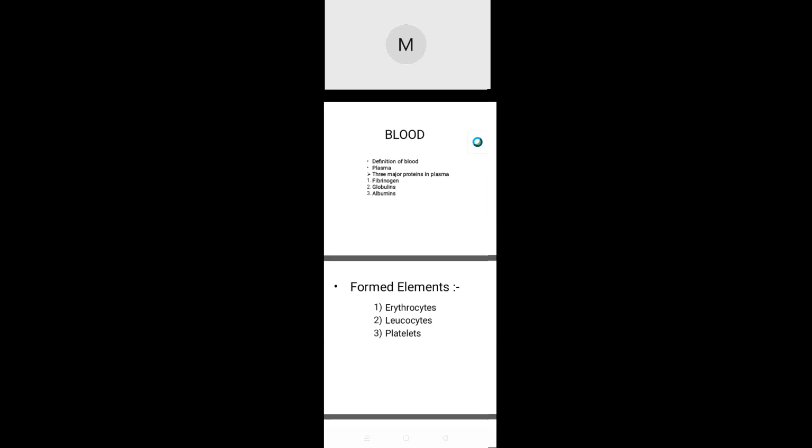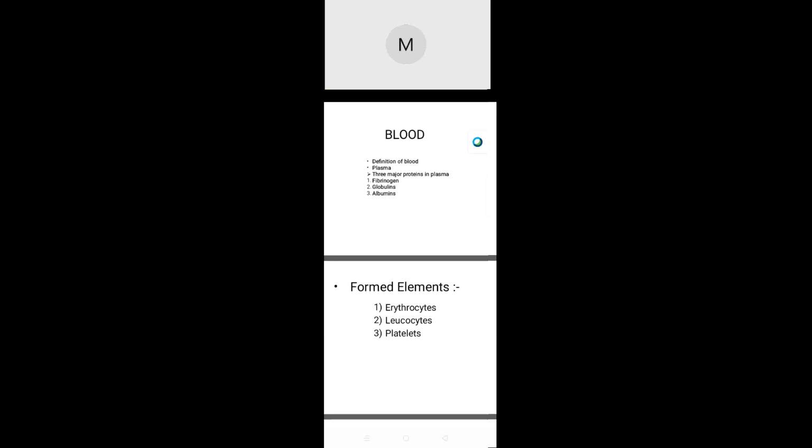There are two main categories of white blood cells: granulocytes and agranulocytes. Neutrophils, eosinophils, and basophils are different types of granulocytes, while lymphocytes and monocytes are the agranulocytes.